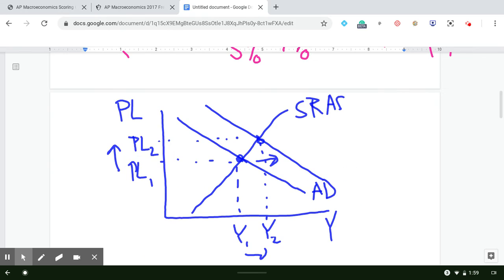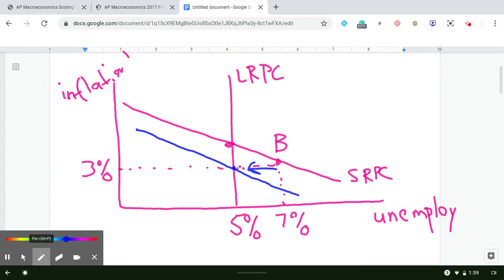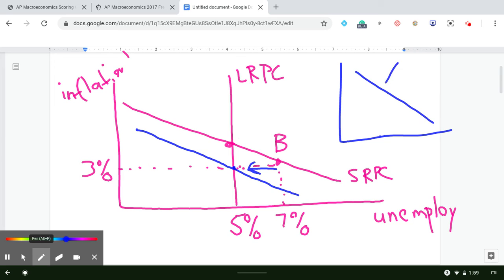I went back to the short run Phillips curve, but what I should have been talking about is the situation we're in on the AS-AD curve, like this. So the short run aggregate supply curve is going to shift to the left like that.